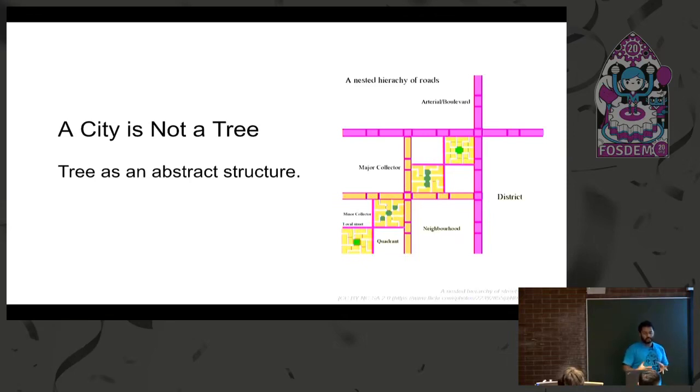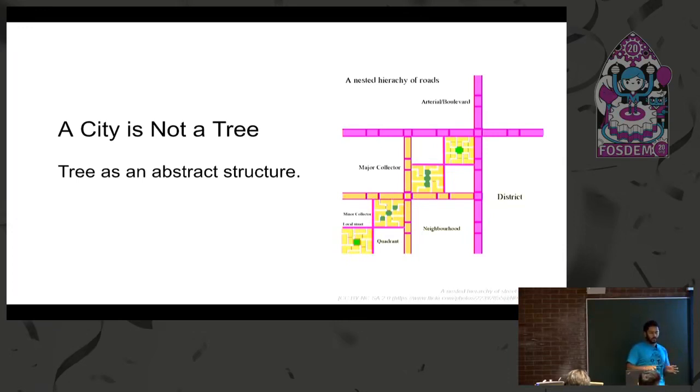And the context in which he's describing this problem is in looking at how a city is not a tree, but more like a connected graph. If you look at a city with a very top-down approach, there are big districts, and then you narrow it down, you come down to the neighborhood, and that sets up a hierarchy.